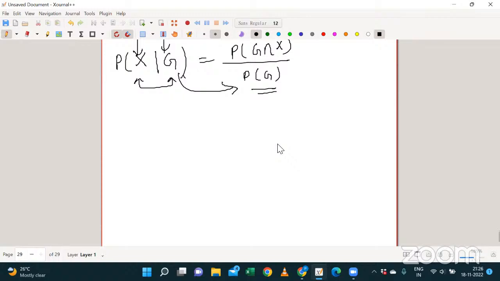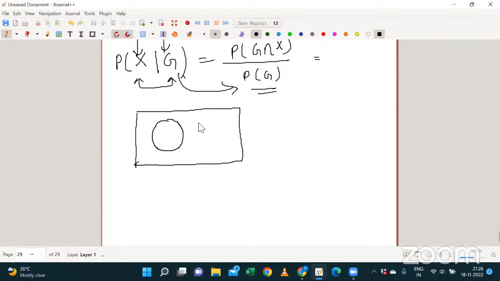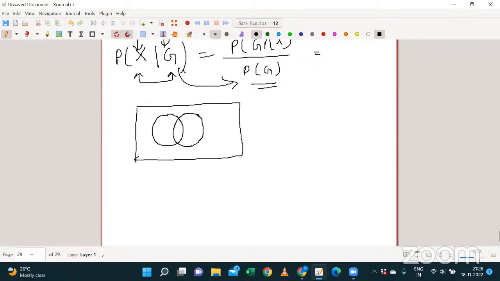This is a simple total probability formula. Suppose I have event A and event B, and I'm asking for the probability of A given B. I'm saying B has already occurred, which means this green region has occurred. So my new sample space will be this one, and I have to consider this green region as the total.